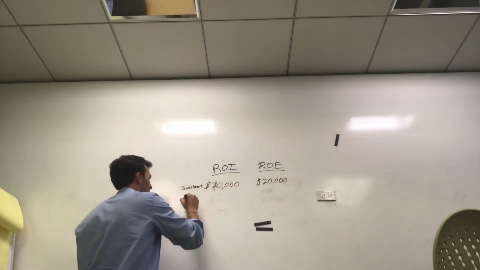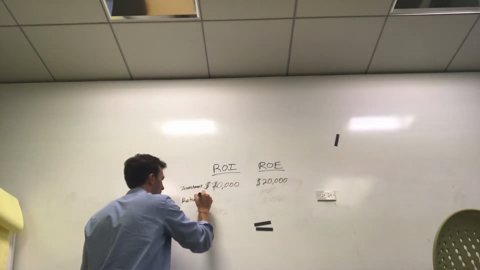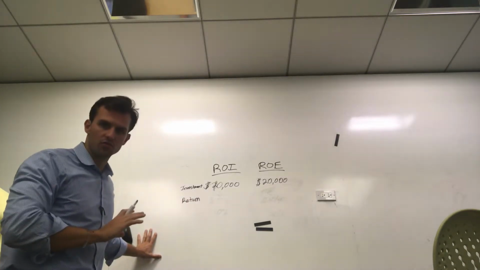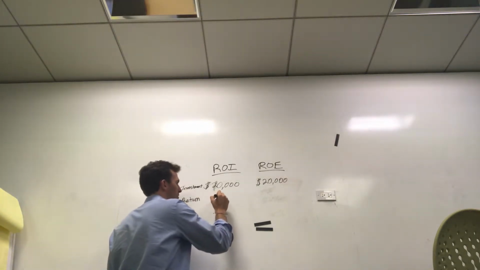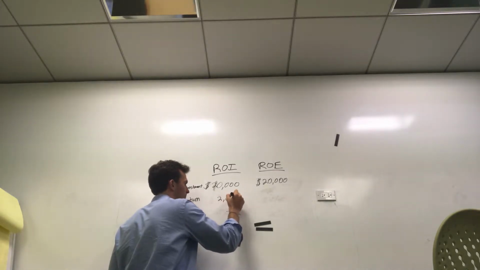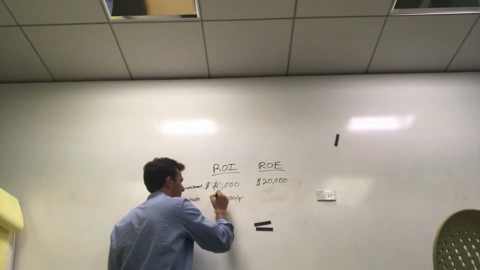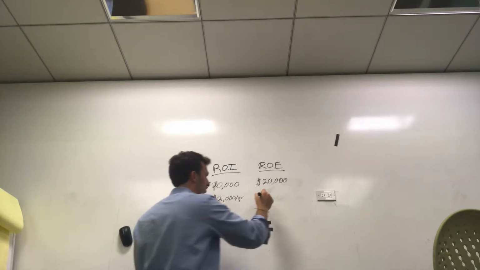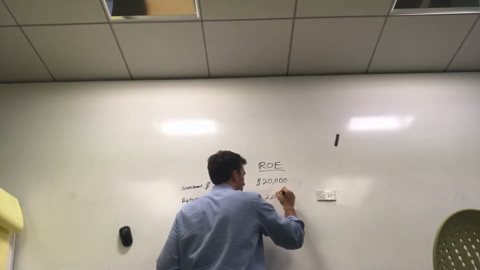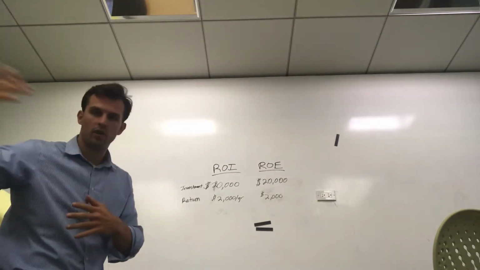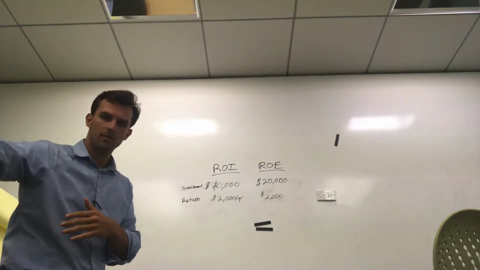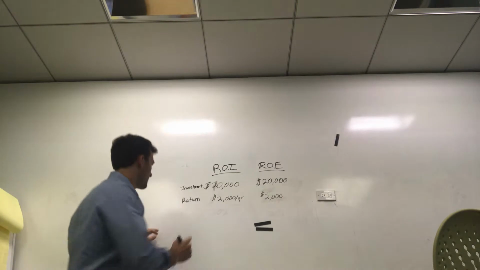We're going to make this really easy. My return is going to be $2,000 a year. That's net return after all the taxes, insurance, maintenance, and repairs have been taken out.